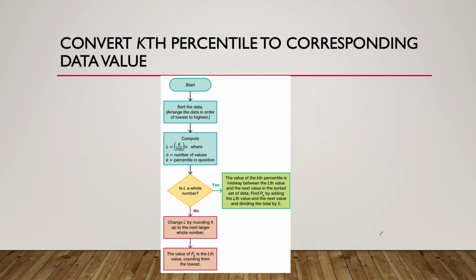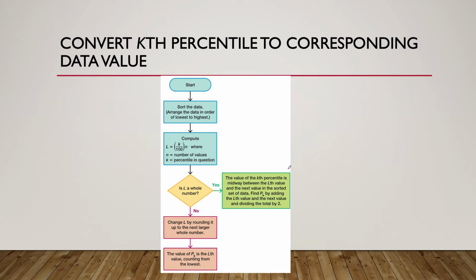So the overall idea of converting the kth percentile to a corresponding data value: we first sort the data in order from lowest to highest. We compute the position as k divided by 100 times n. If L is a whole number, then the value of the kth percentile is midway between the Lth value and the next value in the sorted data.